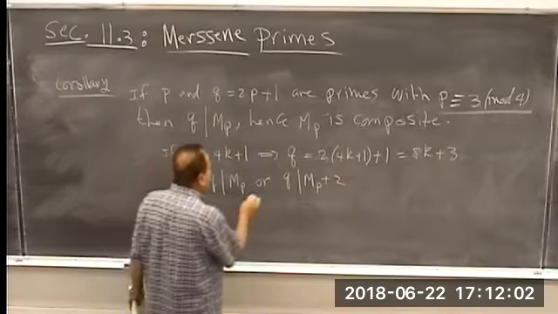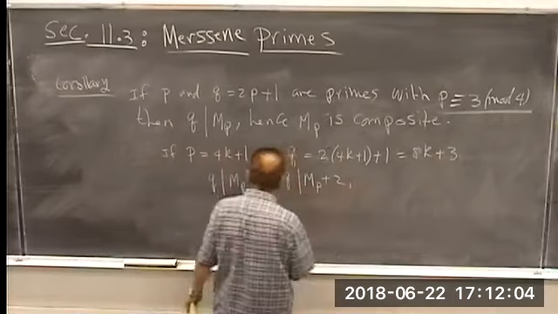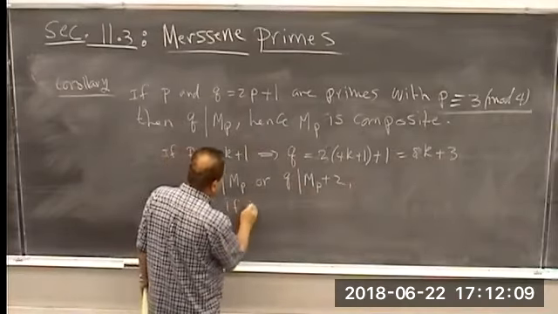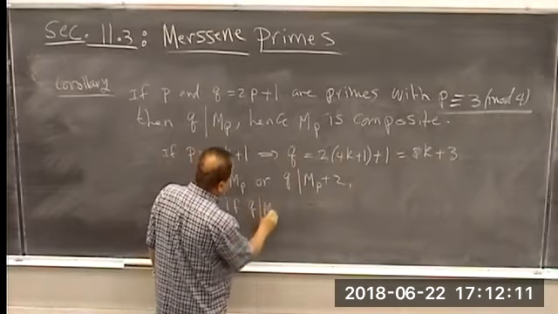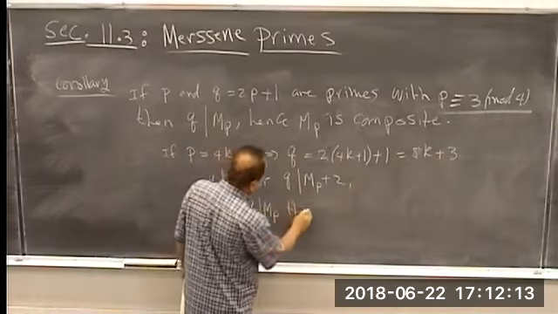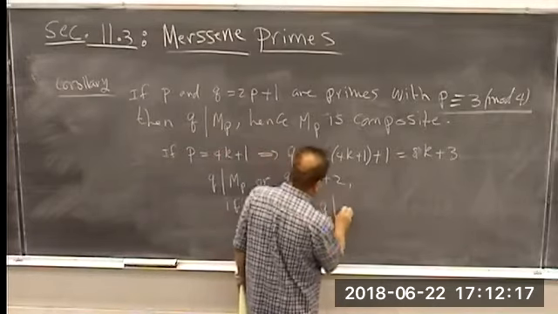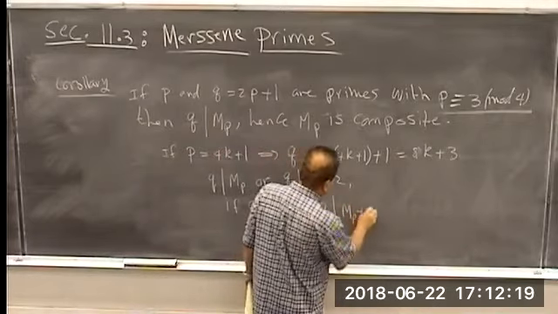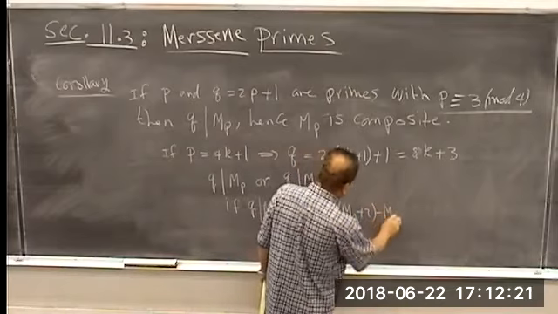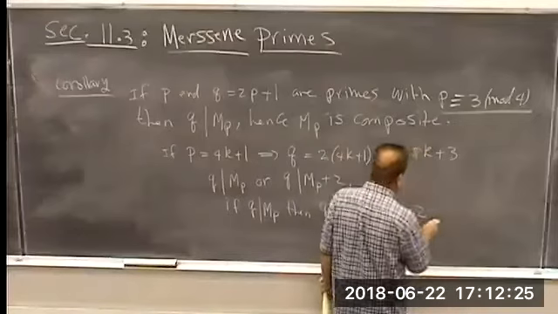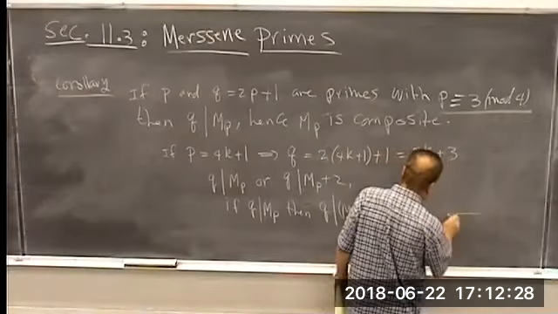Now, if it happens that Q divides MP, then Q is going to divide the sum of these, a linear combination, which is equal to 2, and this would be a contradiction, all right?